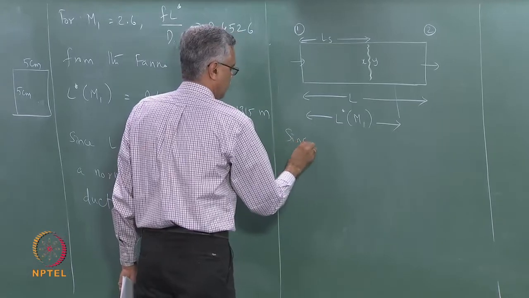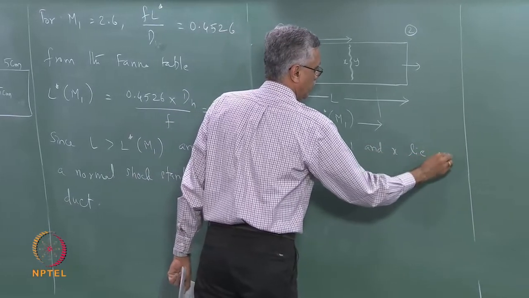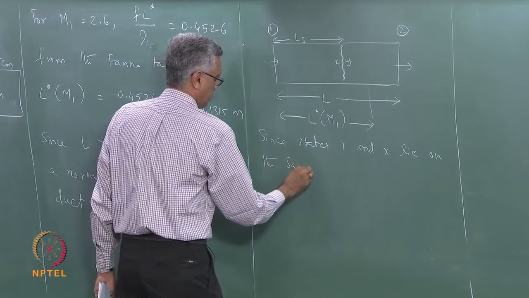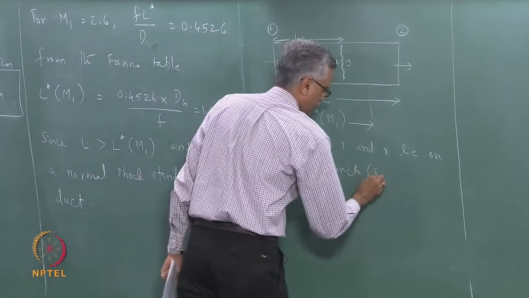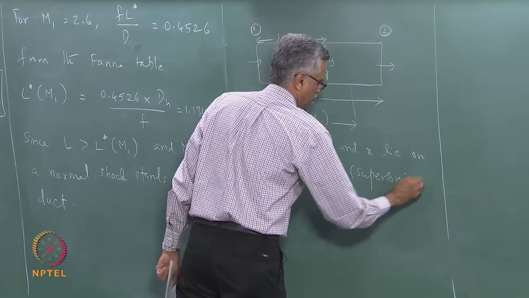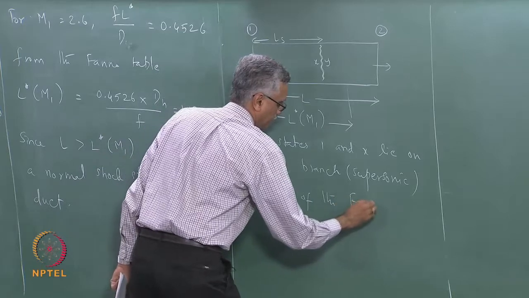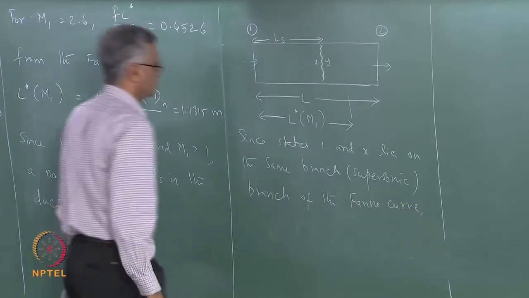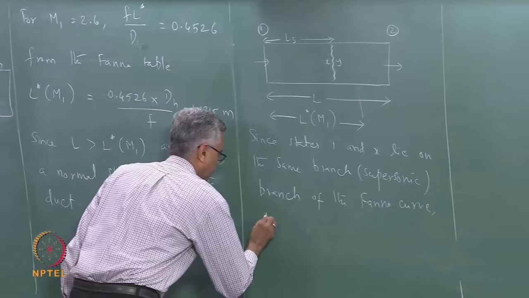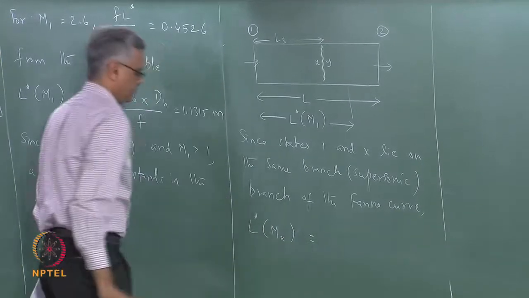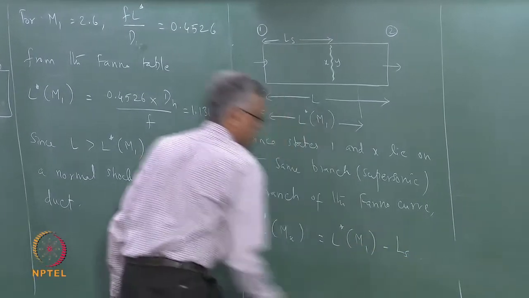So, since states 1 and X lie on the same branch, and that is the supersonic branch of the Fanno curve, L star corresponding to Mx is going to be L star corresponding to M1 minus Ls.